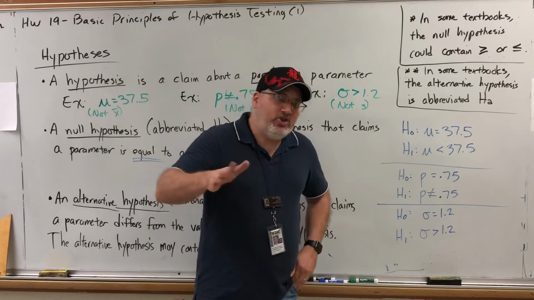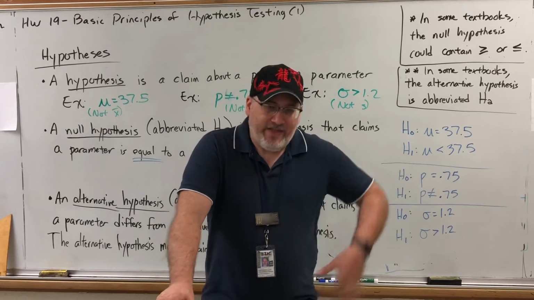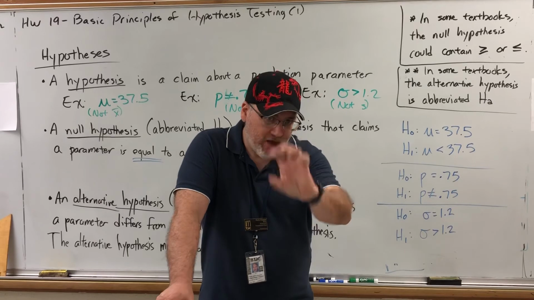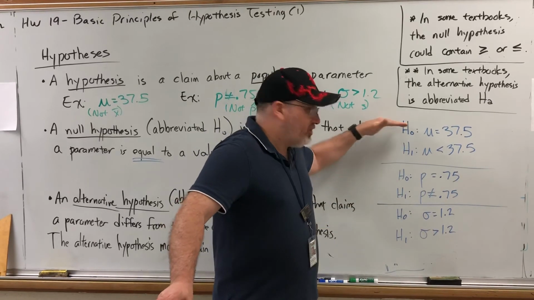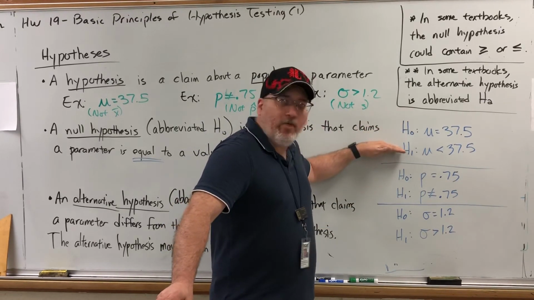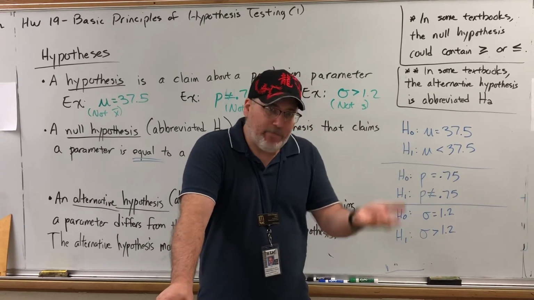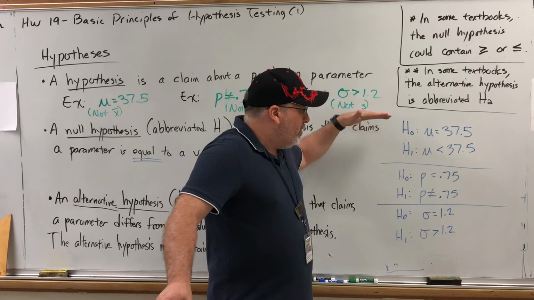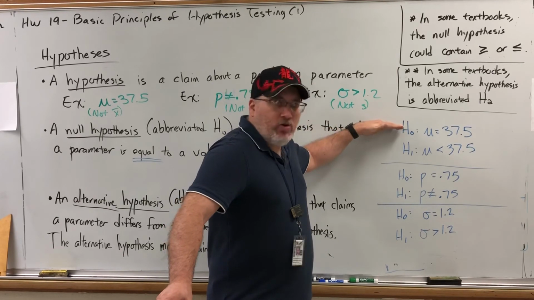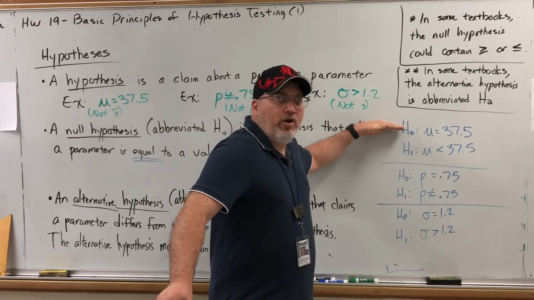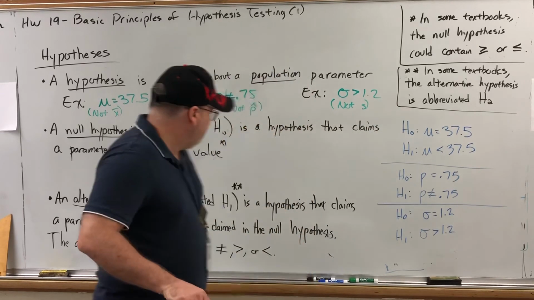And then there's a procedure to determine whether or not that sample provides strong enough evidence to reject your initial claim and accept another one in its place. So it's going to be a battle between, is the sample strong enough to reject your initial claim, or is it not strong enough and we don't reject it?